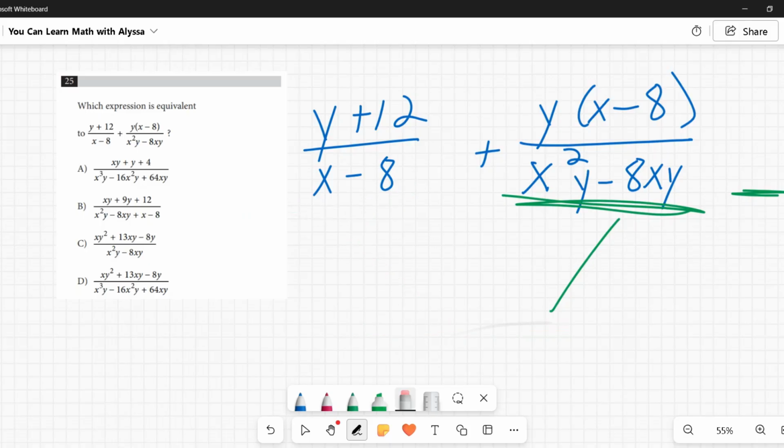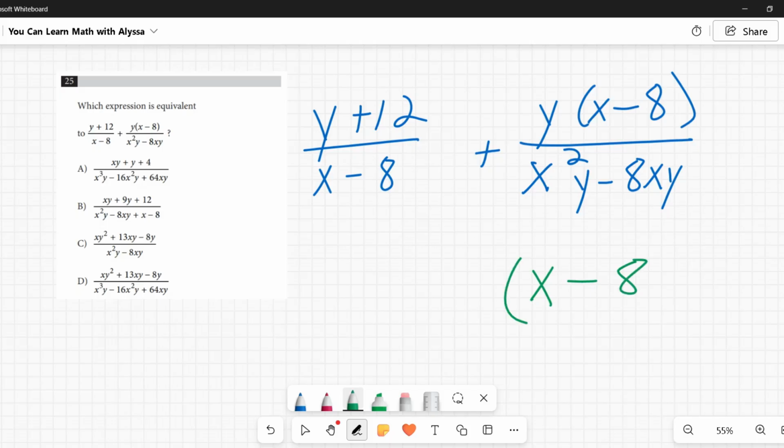That's also possible. Because I see an x there and I see a minus 8 there, I'm like, maybe. If I were to say, is this x - 8 times something? Could I pull something out to leave x - 8 behind? Well, x²y, what would I multiply by to get to x?